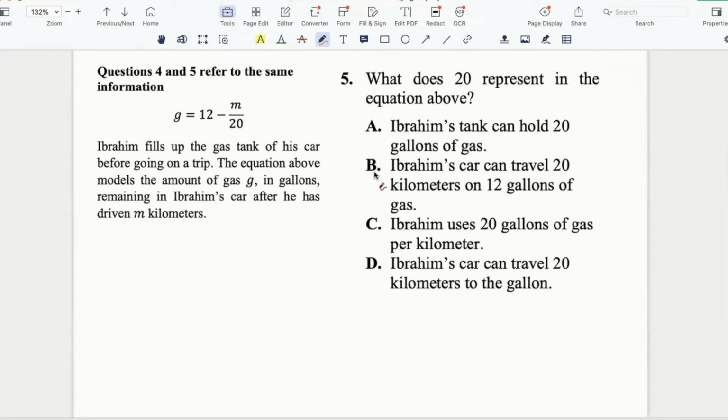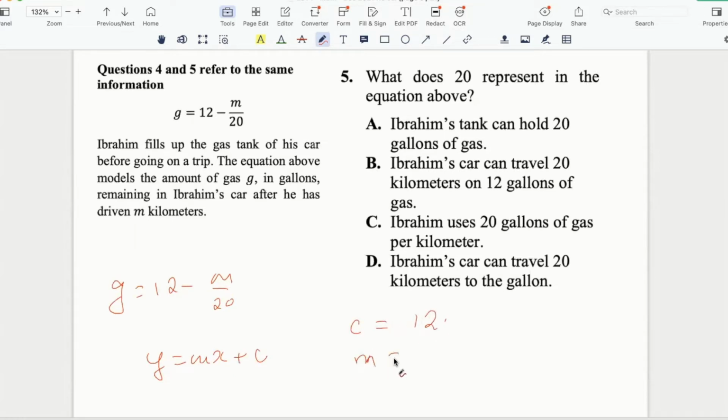Now, what does 20 represent in the equation above? So we have G is 12 minus m by 20. If we compare this to y is mx plus c, then c, the y-intercept, is 12, and m, the slope, will be minus 1 by 20, right? And what is the slope?